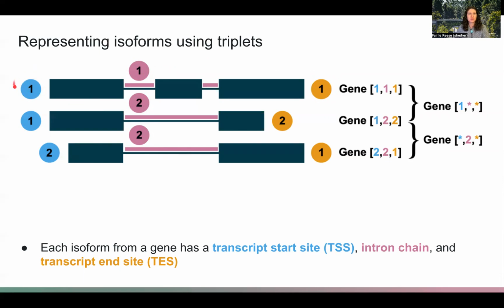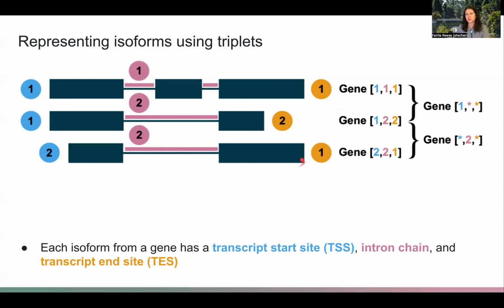So in this case, we're going to call this gene 111, because it uses the first TSS that we've cataloged, the first intron chain that we've cataloged, and the first TES that we've cataloged. In the case of this transcript, we've now added a new intron chain and a new TES, so we'll call it 122. And for this last transcript where we've just added a new TSS, we'll call it 221.